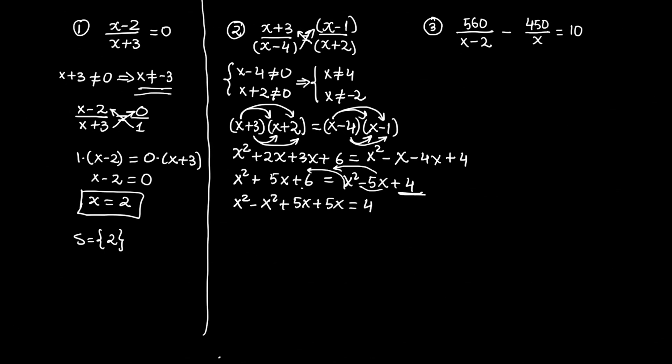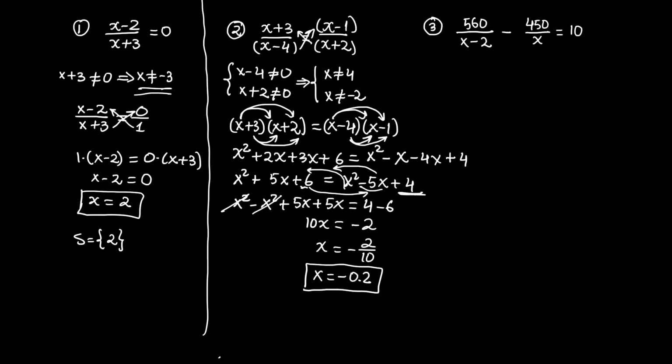And I have 6 here, positive. I bring it to this side, minus 6. This gives me 0. This gives me 10x equal to minus 2. x equal to minus 2 over 10. Then x equal to minus 0.2. I see that this value is different from 4 and minus 2. That means this is the solution.